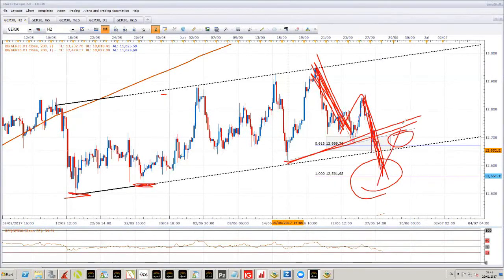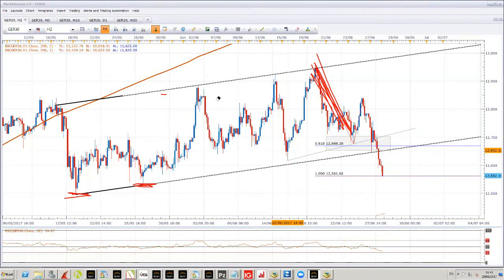You could maybe look for a pullback to that and then continue a sell move, and maybe there's another leg down there. You've also got the underside of the trend line to look for here, that you could use instead. So if it pulls back to test this trend line here, there's another opportunity. Maybe put a moving average on there as well, and you can test the underside of that.